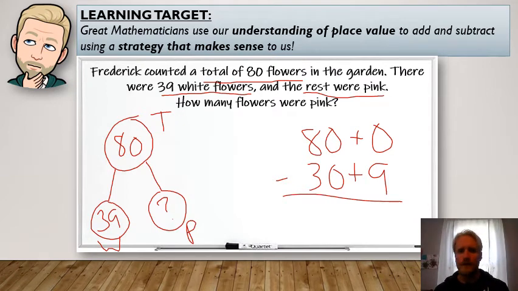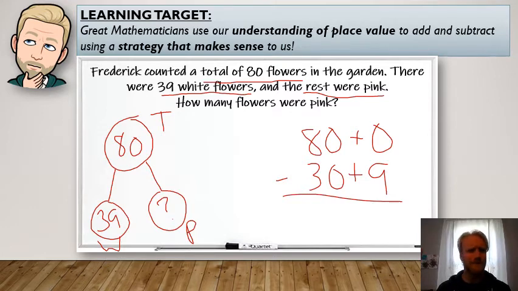All right, so let's go ahead and solve. Place value, which do I start with? Ones or the tens? Exactly, always going to start with the ones place. Okay, so 0, take away 9. Can I take 9 away from 0? No, so what do I have to do?